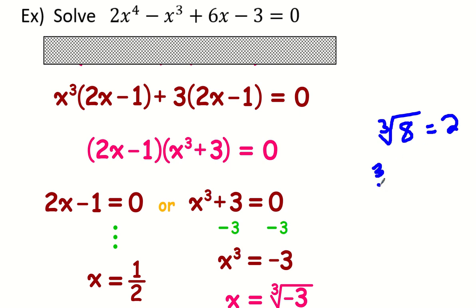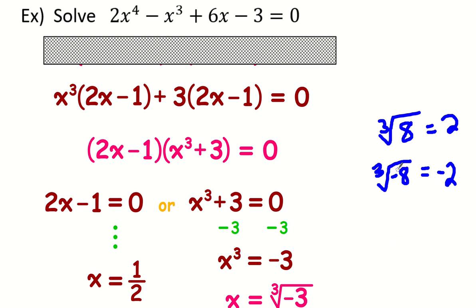The third root of -8, that actually makes sense. Isn't -2 times -2 times -2 equal to -8? So believe it or not, the third root of -8 is actually -2.